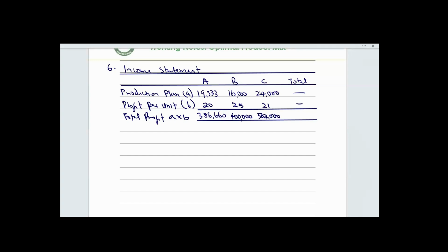Add the three of them together to get the total: 1,290,660. So this is the total profit that the company will be able to earn.